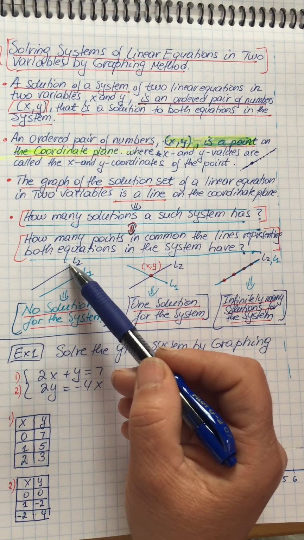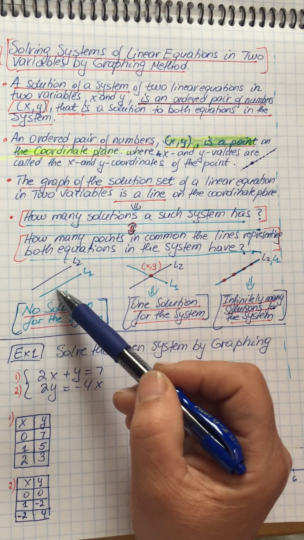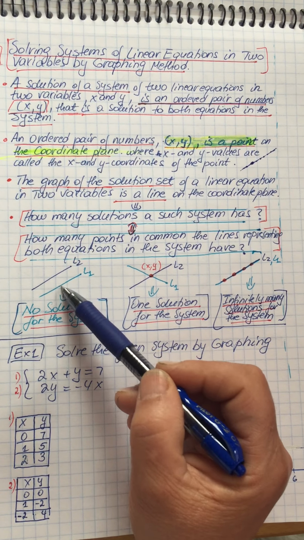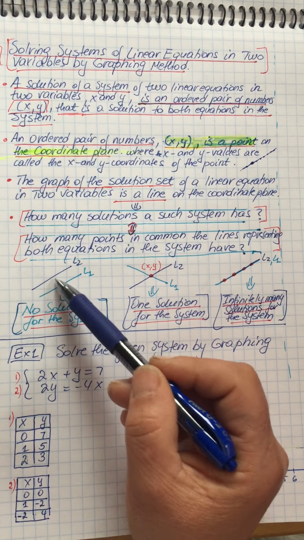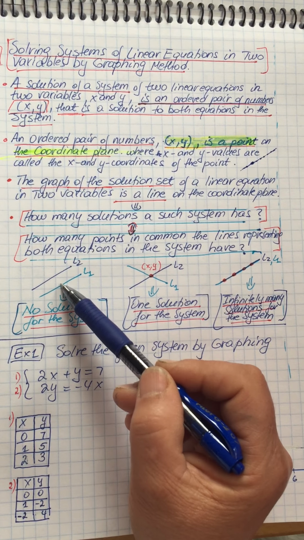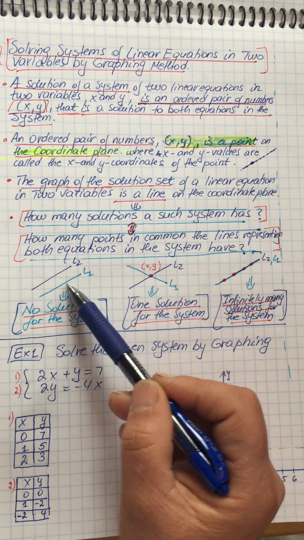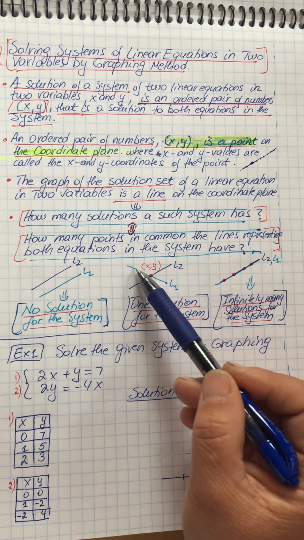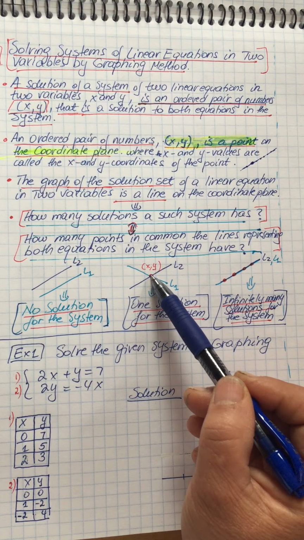When the graphs of the equations are two lines that never intersect each other because they are parallel, this means they do not have a common point. Since they do not have a common point, they do not have a common solution, so the system doesn't have a solution at all.